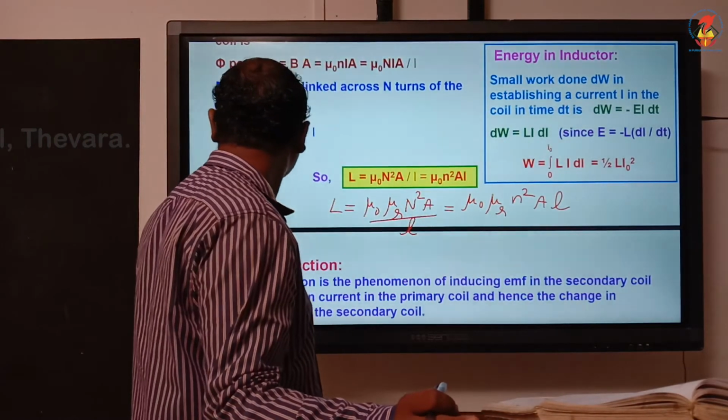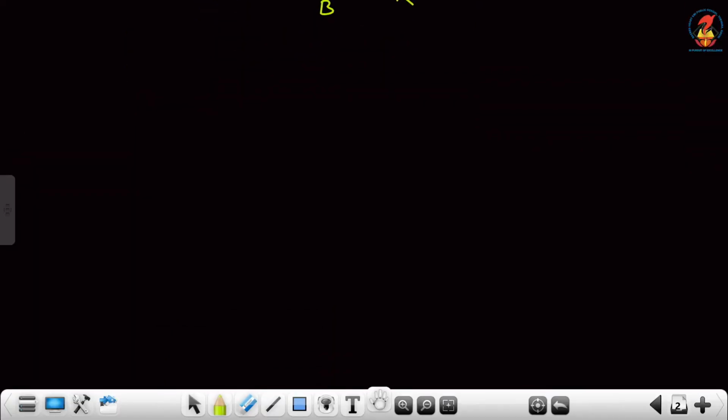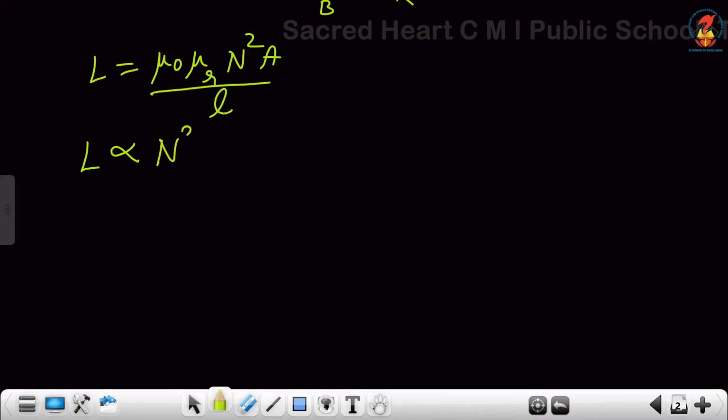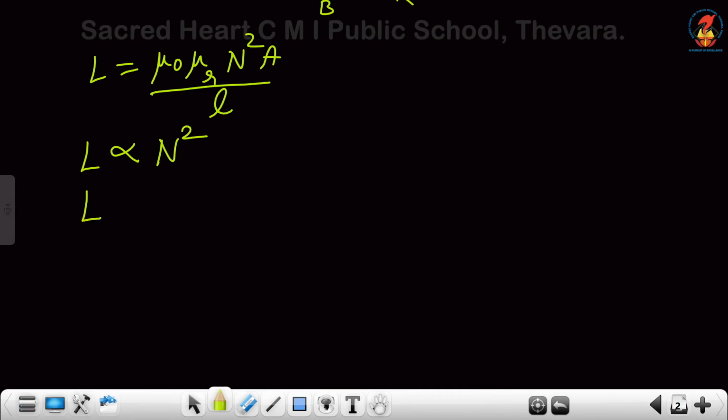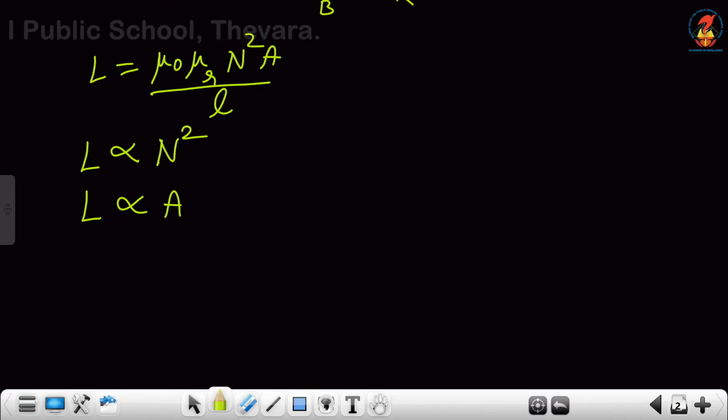Now let us see what are the factors which affect self-inductance. We know the equation L is equal to mu 0 mu r N square A by L. The first factor, self-inductance is directly proportional to the number of turns, N square. The second factor, self-inductance is directly proportional to the area of the solenoid.